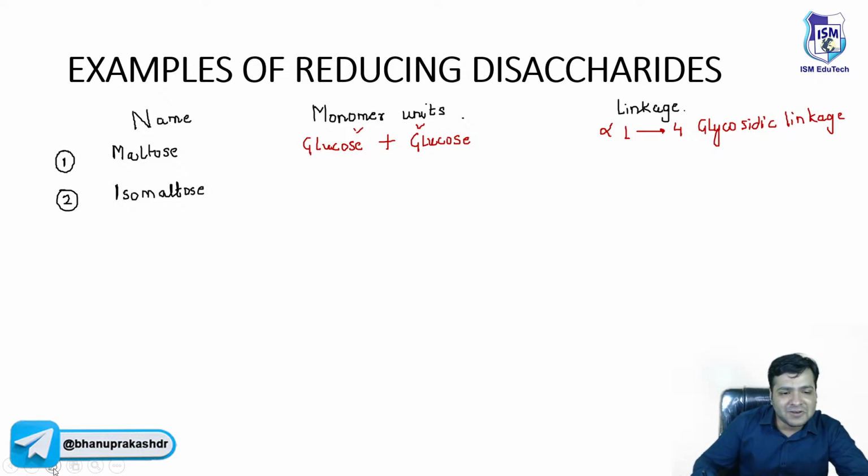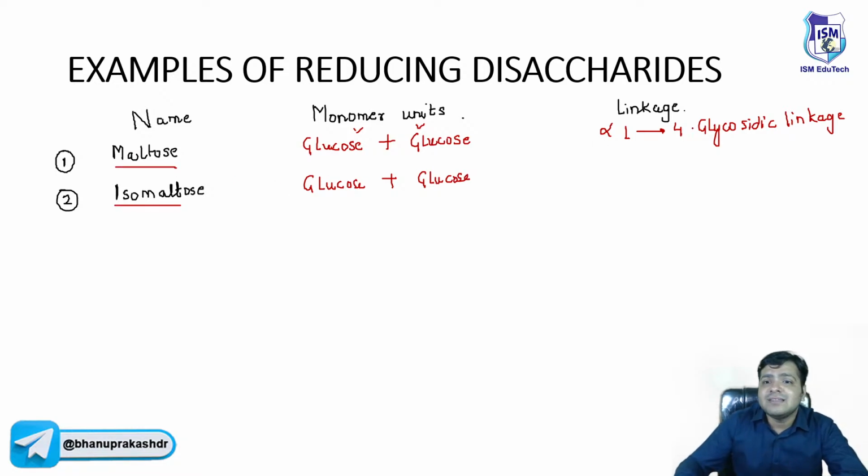I'm quite impressed that you guys are taking so much active participation. You all have good command. Yes, beta, it is glucose plus glucose only. Now, what is the difference between maltose and isomaltose? It is in the linkage.